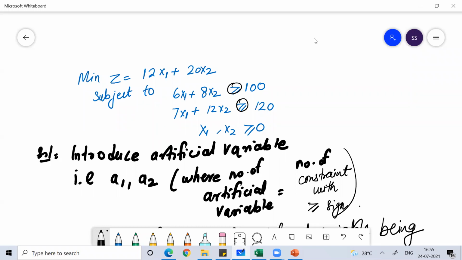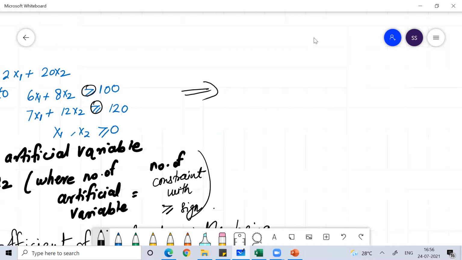Yes, sir. So now I'll write the same problem as maximize z.